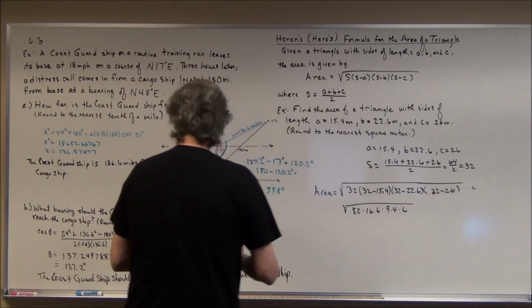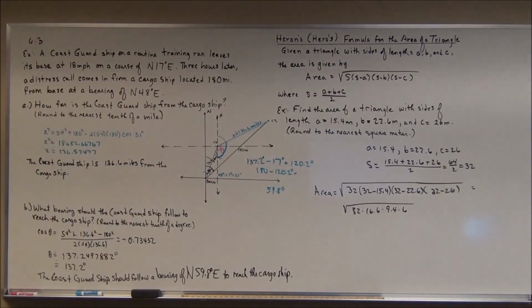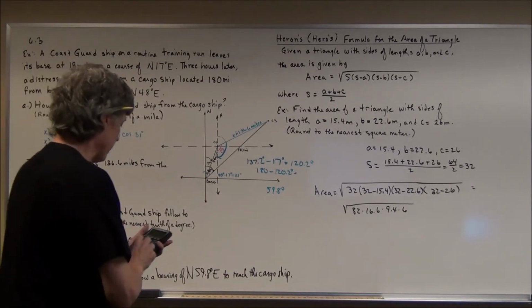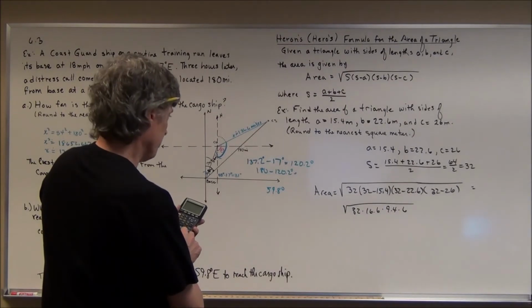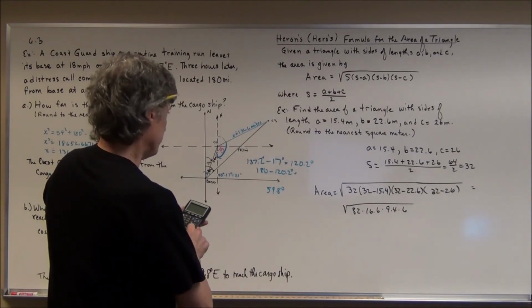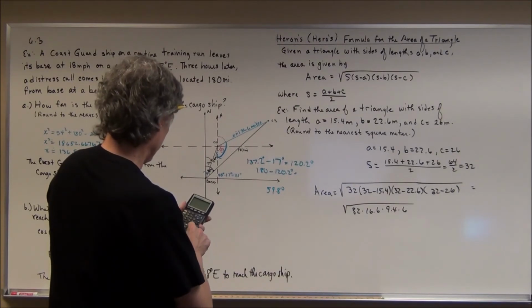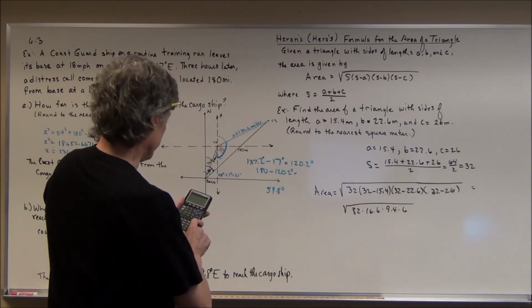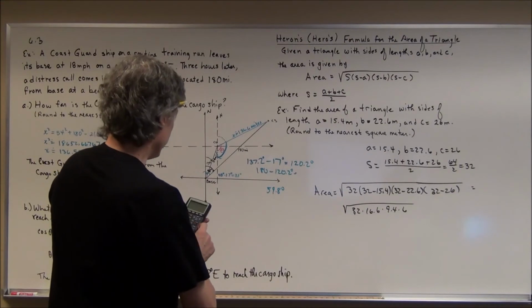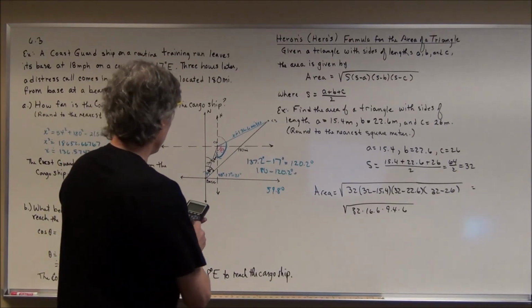Time to get the calculator again. So I put the calculator to work here. I'm going to multiply 32 times 16.6 times 9.4 times 6, and then I'm going to take the square root of this.